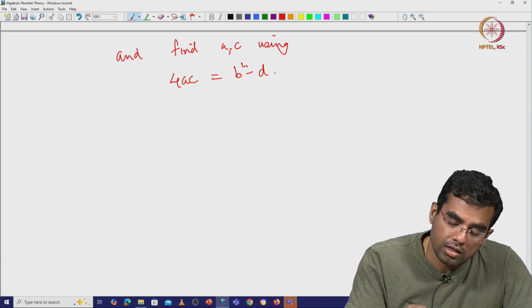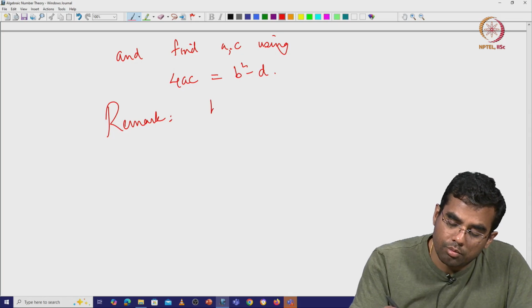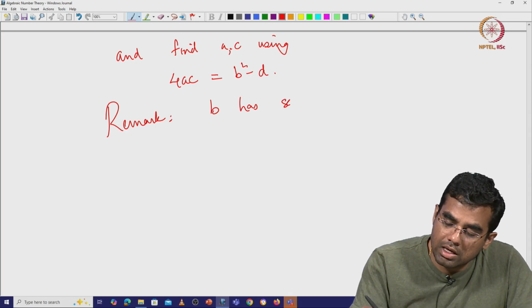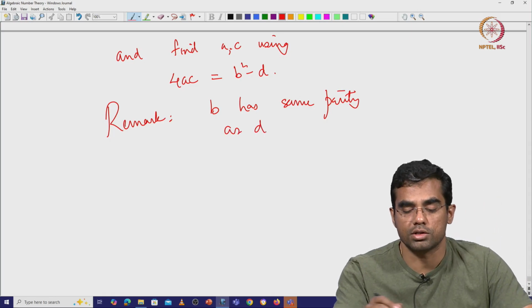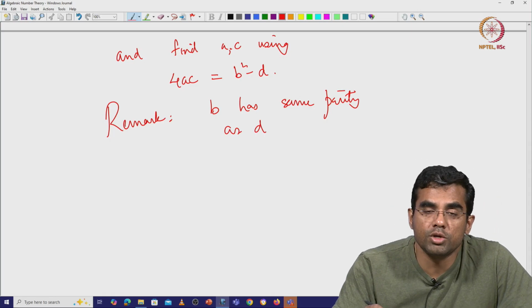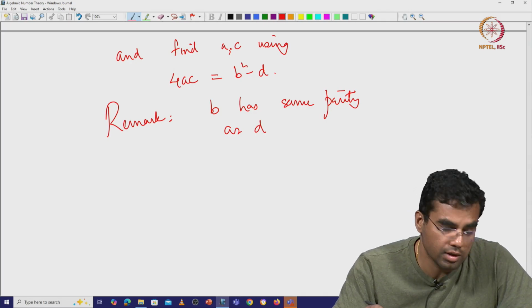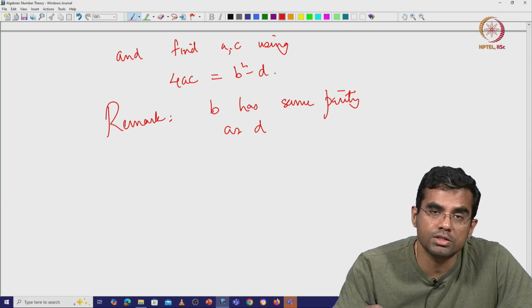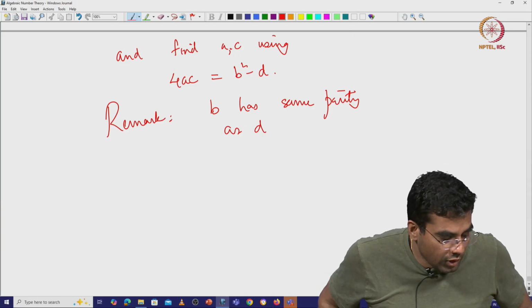Another remark is that b has the same parity as d, otherwise you will not have any solutions to this equation. b squared minus d is divisible by 4, in particular it is even. So, whatever parity b squared has, the same is the parity of d.